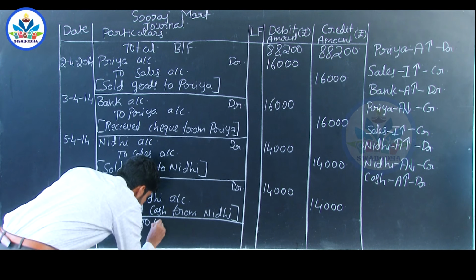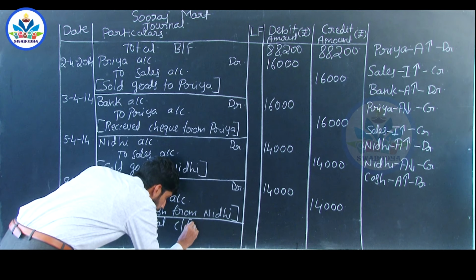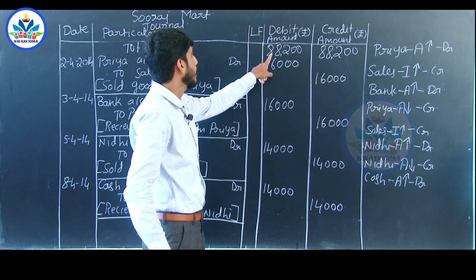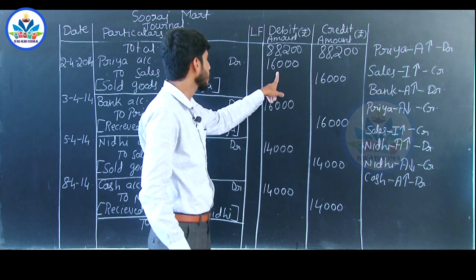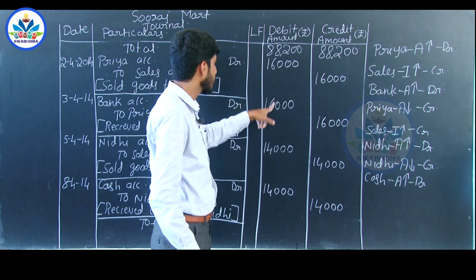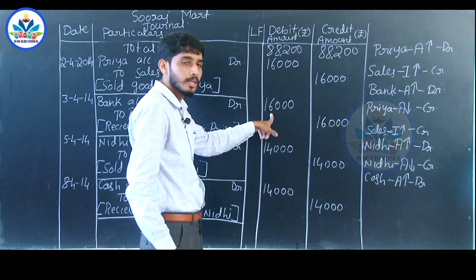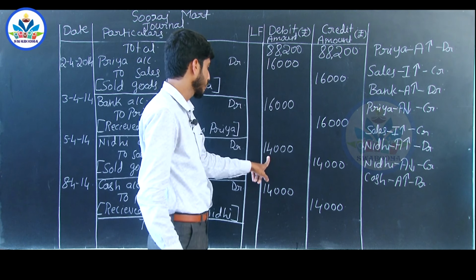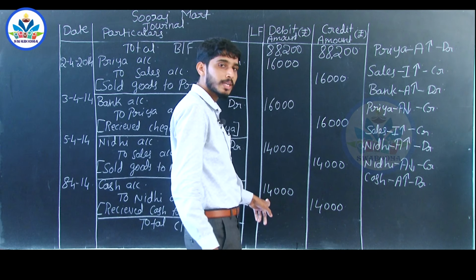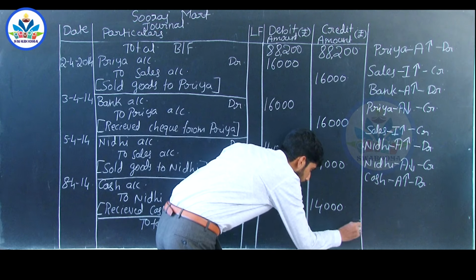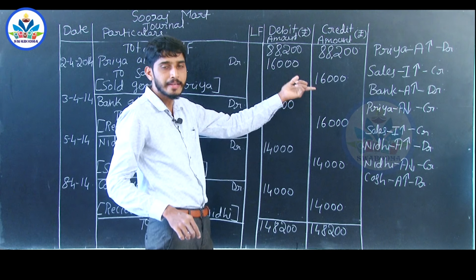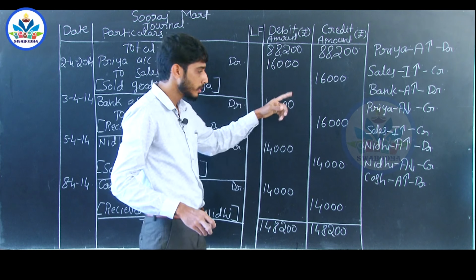So, total carried forward to the next page: 88,200 plus 16,000, 1,04,200, 1,20,200, 1,34,200, 1,48,200. This total carried forward has to be written in the next page as total brought forward.